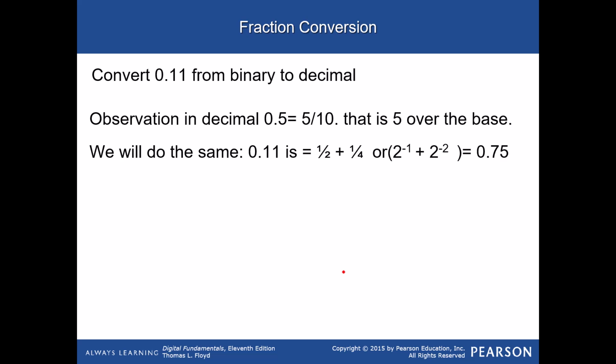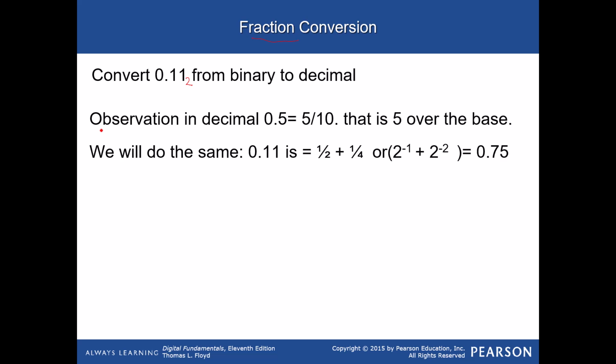Let's move to another topic, which is the conversion of fractions. If we have this fraction, this is in binary, this is base 2, and you can see it's 0.11. And if you want to get the equivalent for that in decimal, we will do the following.